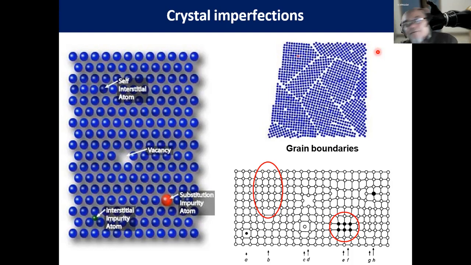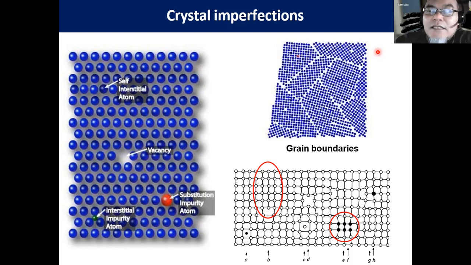We could also have impurity atoms. There are two types of impurity. Impurity means the atoms come from another type of atom from an external material. One is when the external material atom is smaller than the host material's atom, so that the smaller atom can fill in the space between the host atoms.